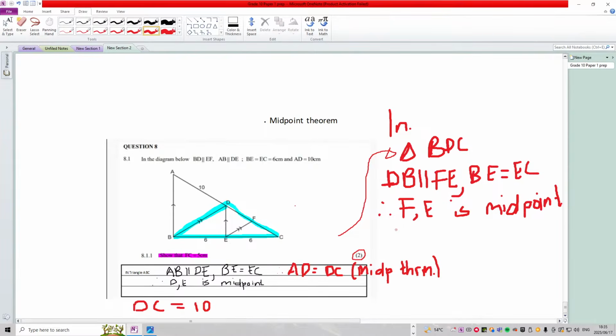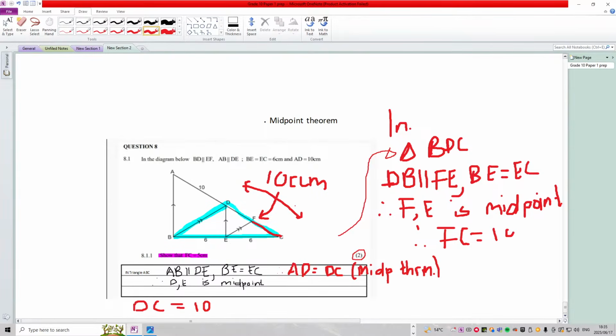Now, since F is the midpoint, we've established that DC is 10 centimeter. This entire DC is 10 centimeter. So if F is the midpoint, therefore we can say that FC is equal to half of the 10.